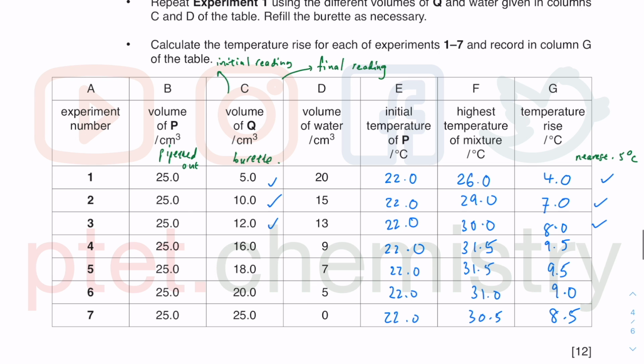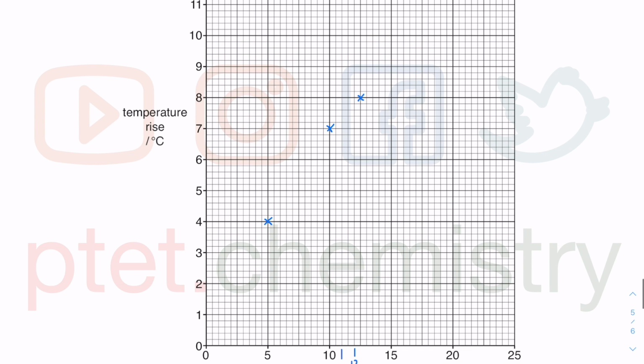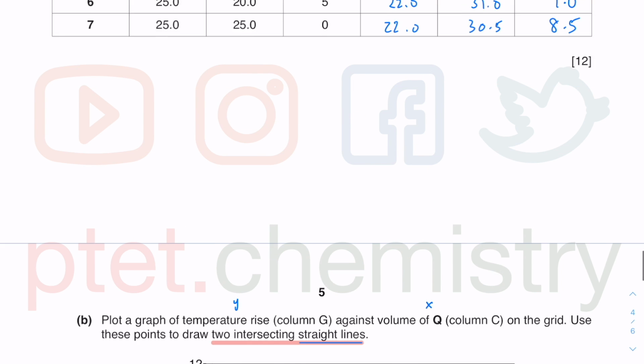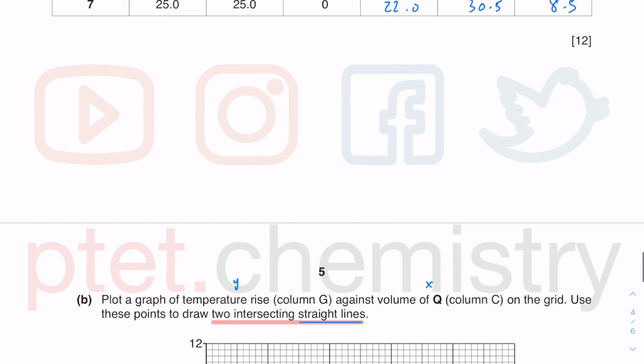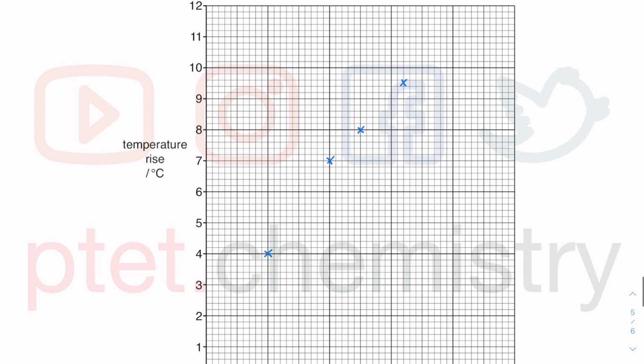And next up I have 16.0 and 9.5. 9.5 is in between 9 and 10, so exactly somewhere there. So follow your experimental data, yeah? 18.0 and 9.5, so there is 18.0 and 9.5 as well.